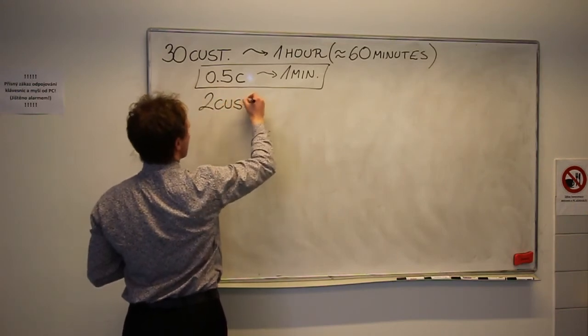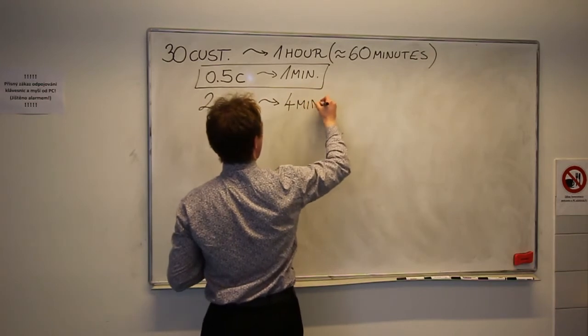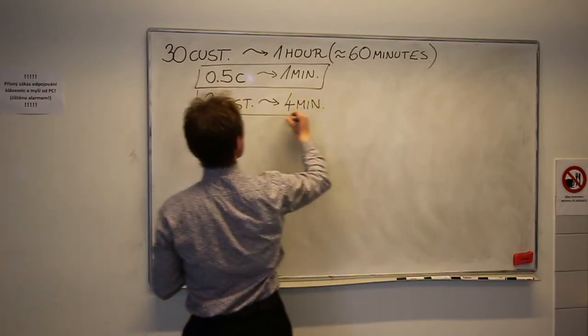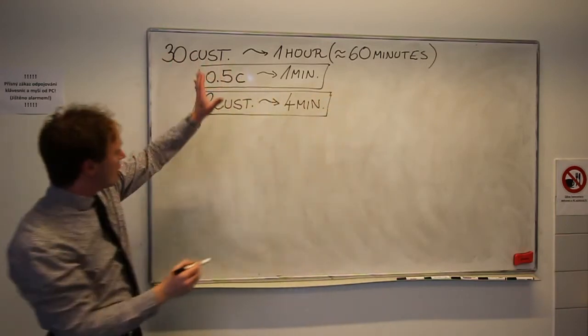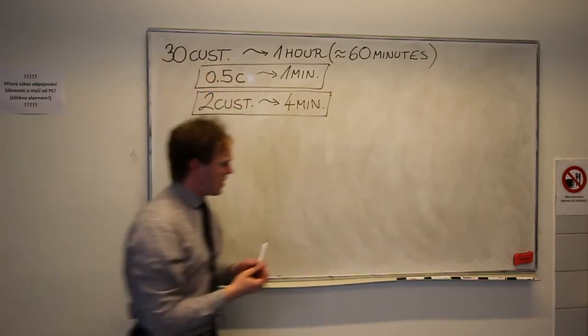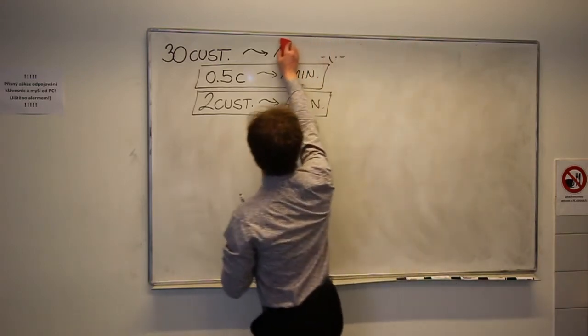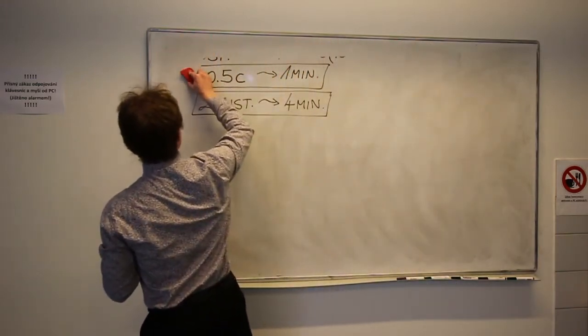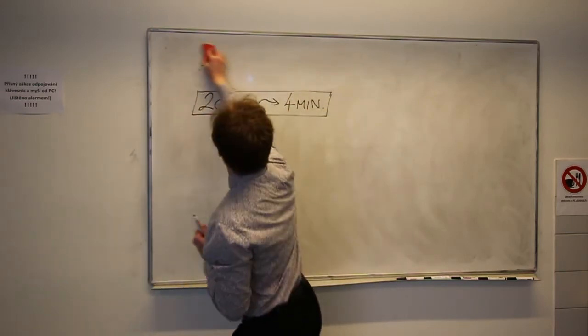Yes, 2 customers within 4 minutes. So this is recalculated information, and we don't need the first information anymore. So I will delete this, because it's not necessary for us.